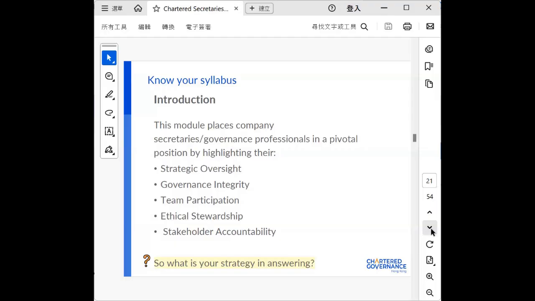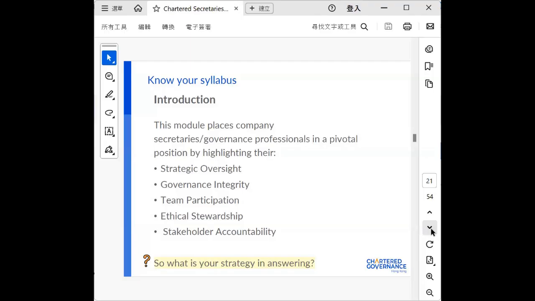So it involves quite a lot of things, and you have to have the broad picture of the applications of strategic management to the company. Start off with the oversight, the development and implementation, and the process of strategic management, as well as the monitoring things.